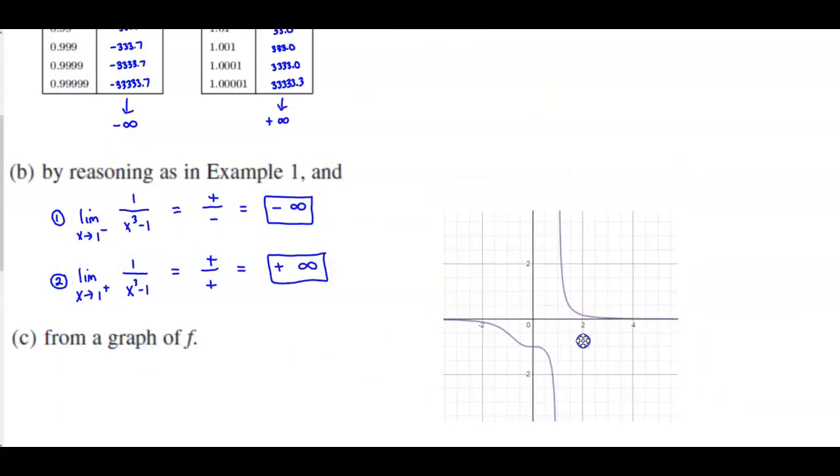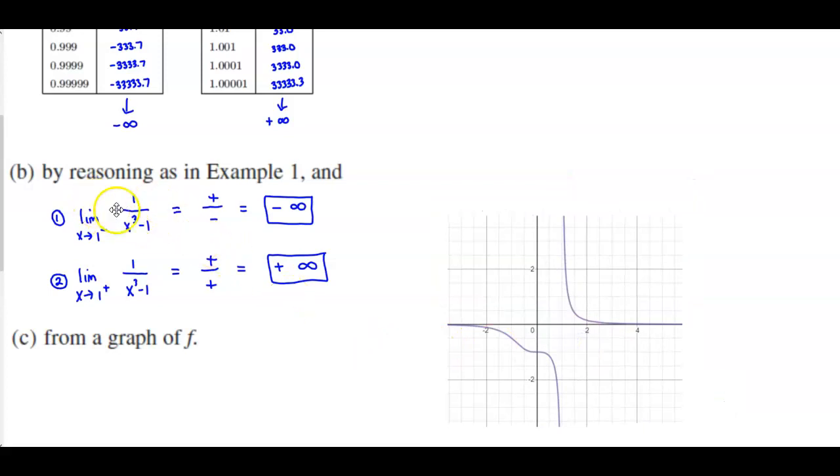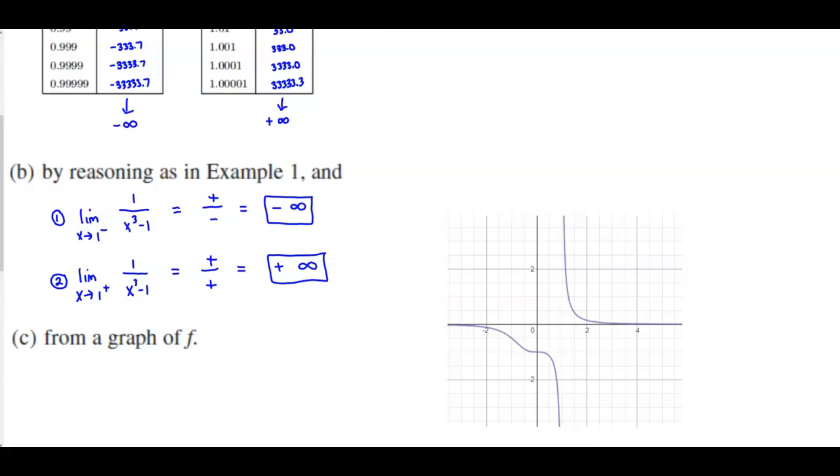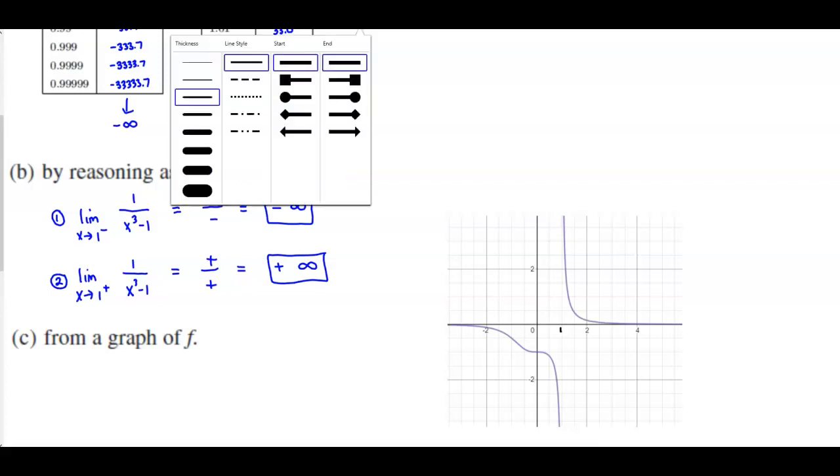Okay, so from this graph, we can conclude from what part B tells us. We can see here where 1 is located on our graph. So there is 1. So that means that we have a vertical asymptote there.